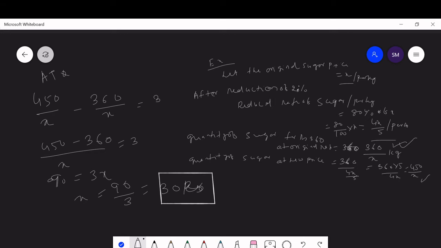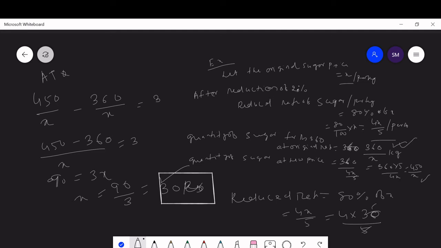Then the reduced rate is equal to 80% of x, which is equal to 4x upon 5, which with x as 30 is 4 into 30 upon 5.